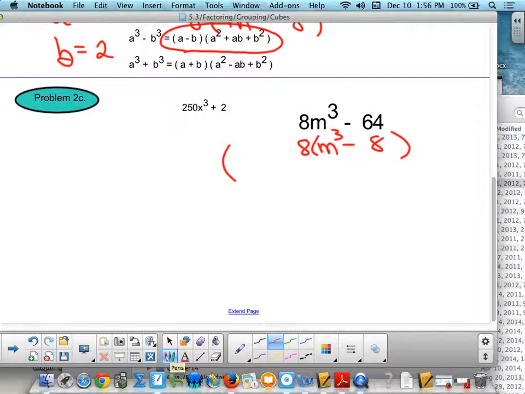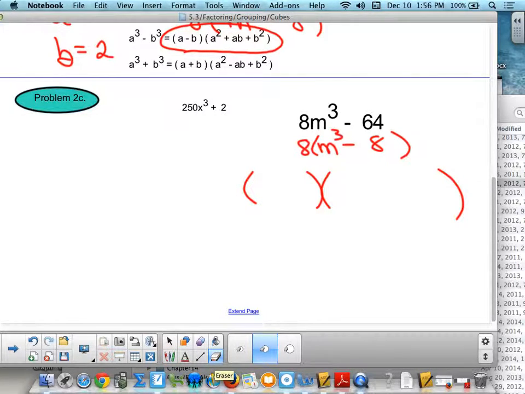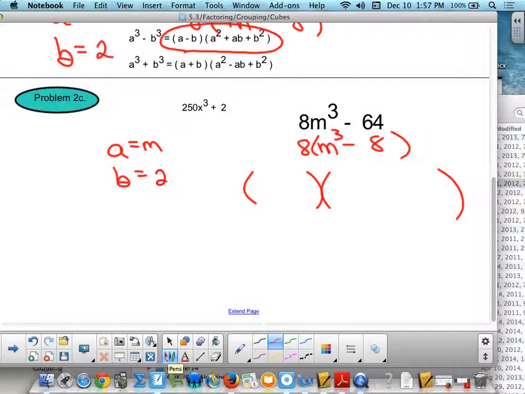So then we're going to follow the formula. And the formula, we said A is what? M. B is what? 2. Follow this formula. A minus B. M minus 2, followed by square the A. M squared.